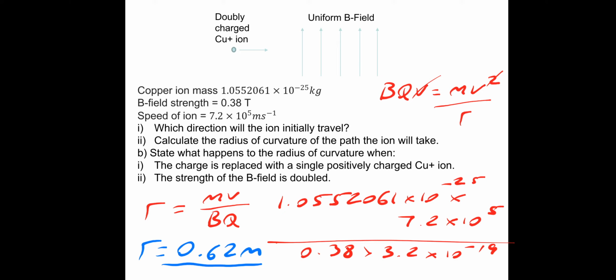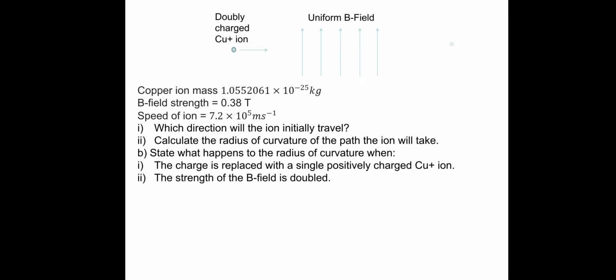So let's clear the screen and then answer part B. The charge is replaced with a single positively charged copper ion instead of a double. So the equation which we got was R equals mv over bq. So if we half the charge, we get double the radius.